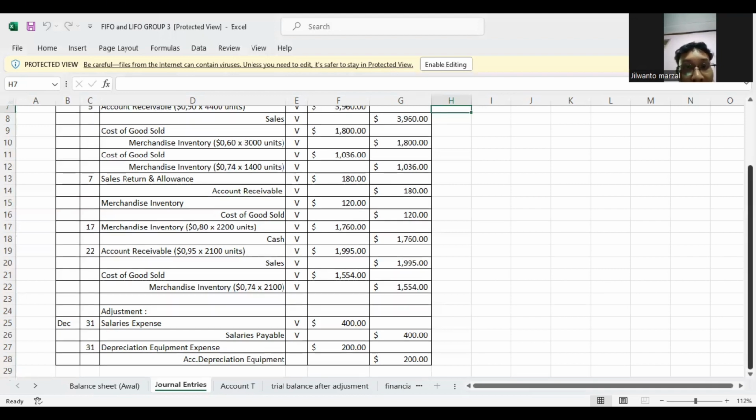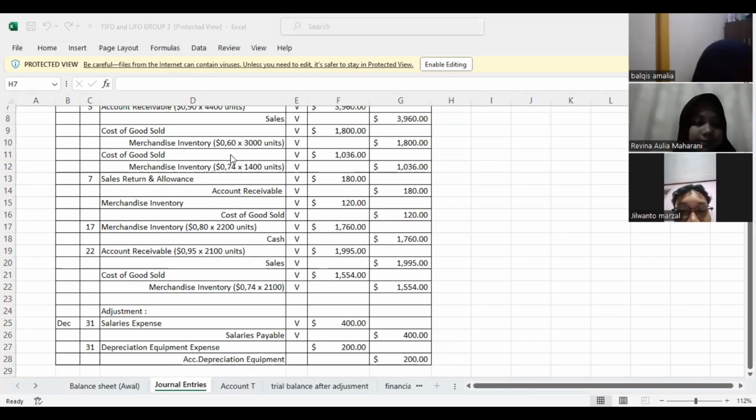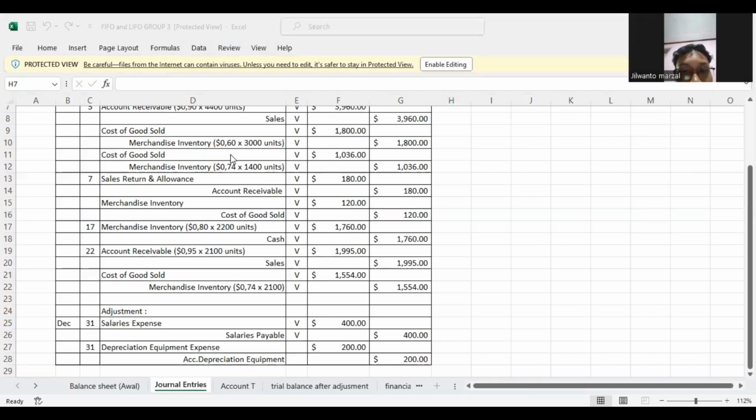In debit is cost of goods sold $1,036, and in credit merchandise inventory, $0.74 multiplied by 1,400 units. It will be $1,036.